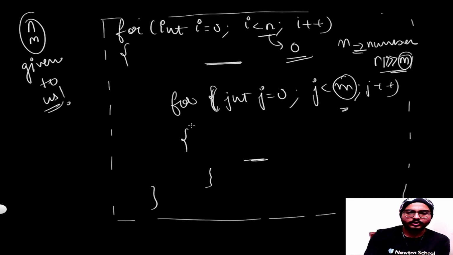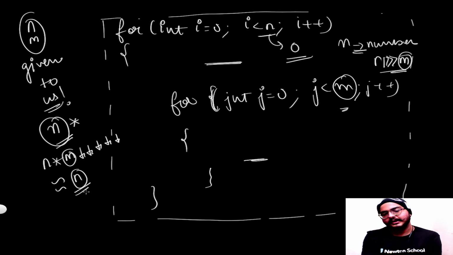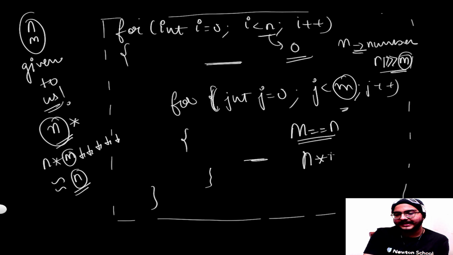So this function would approximately run for n times. Basically this would run for n into m times, but if m is so small as compared to n, we can approximately say that this function would run approximately n times. If m is equal to n, then this function would run n into n, which is n square times.